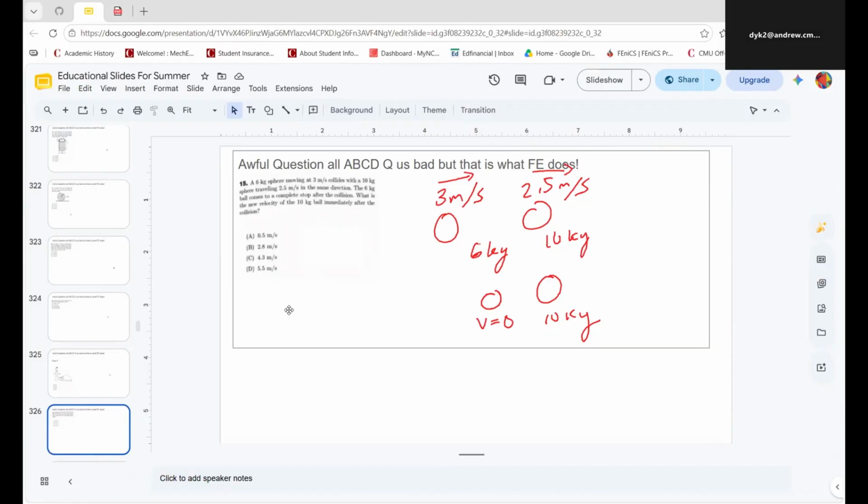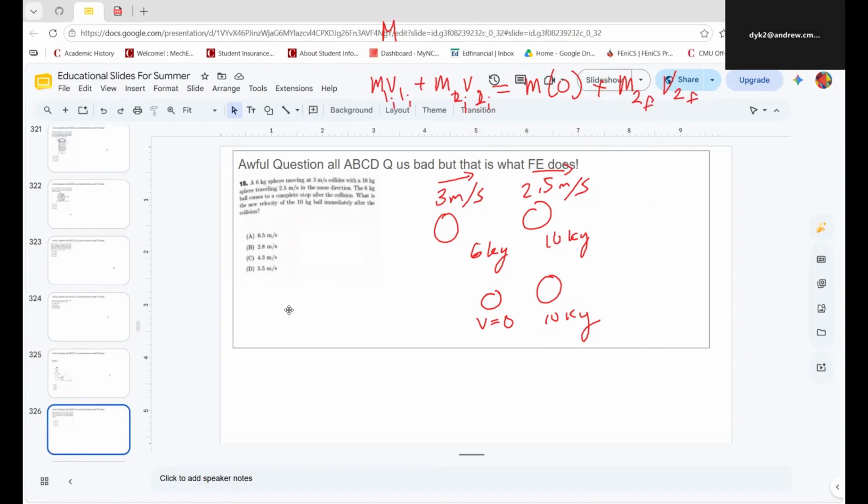What is the ball's new velocity after the collision? We're going to do conservation of momentum. Total momentum in the beginning is m1 v1 initial plus m2 v2 initial, and this equals the final momentum: m1 times 0 plus m2 v2 final.